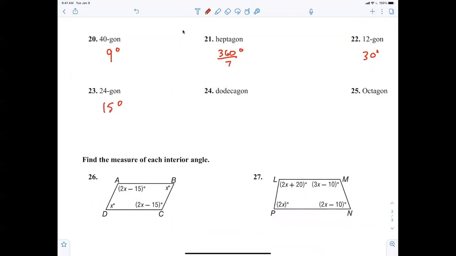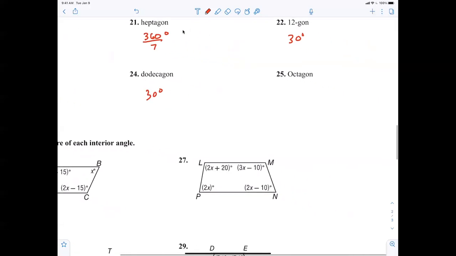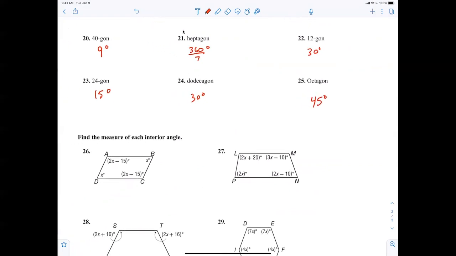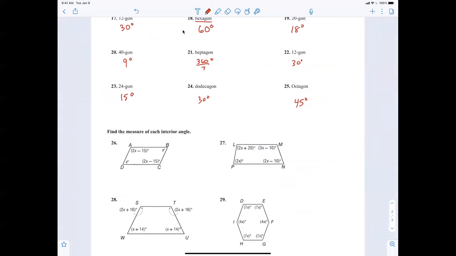A dodecagon is 12, so 30 degrees. And an octagon has 8 sides, so 45 degrees. I told you guys it's so simple. It's going to get a little harder tomorrow.